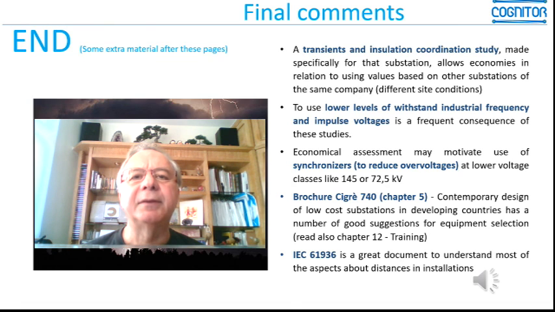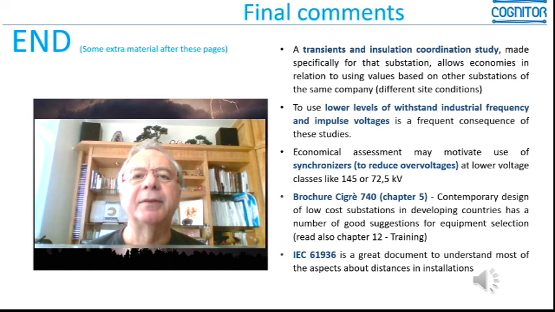Using lower levels of withstand industrial frequency and pulse voltage is a frequent consequence of these studies. If you study with more details, you may detect that there are differences between the substations, and if you wish, you may use different values within the same company.